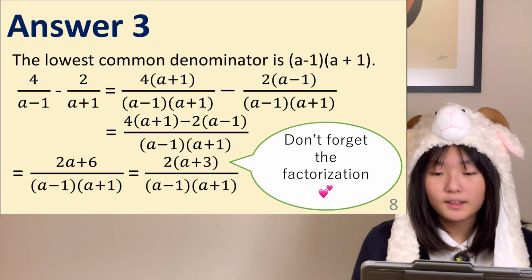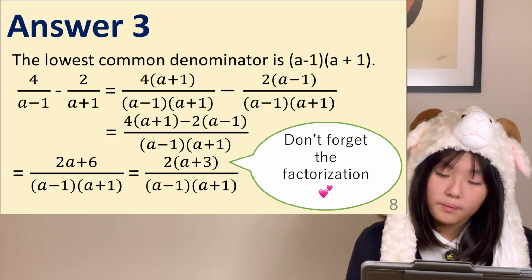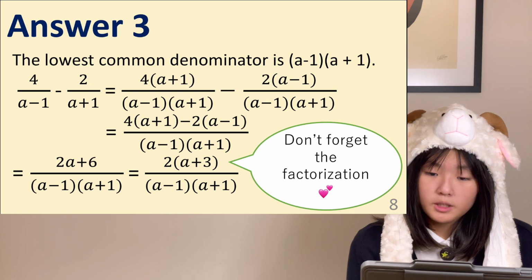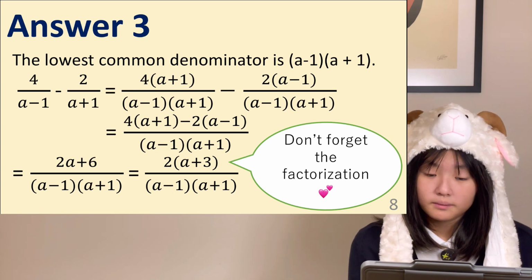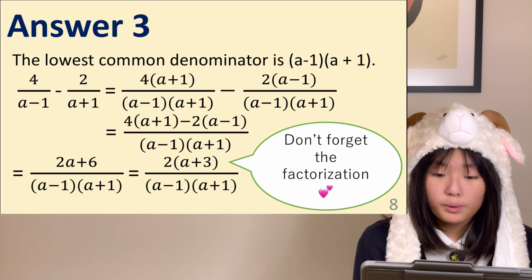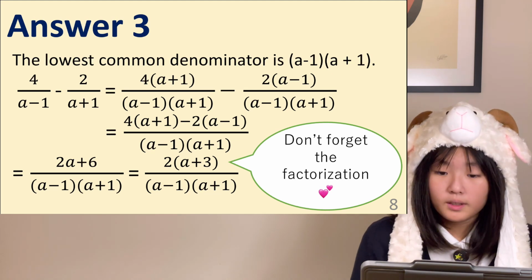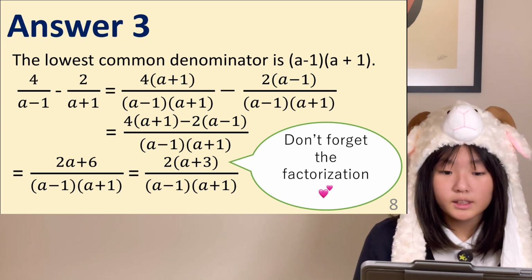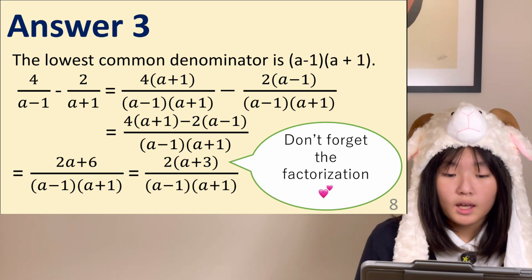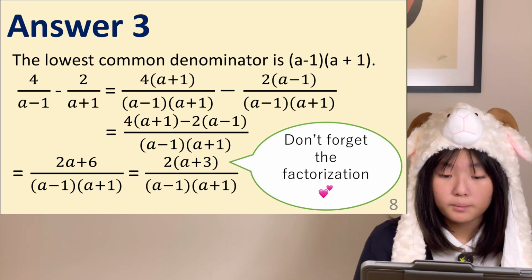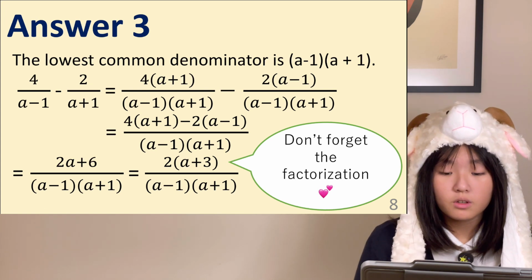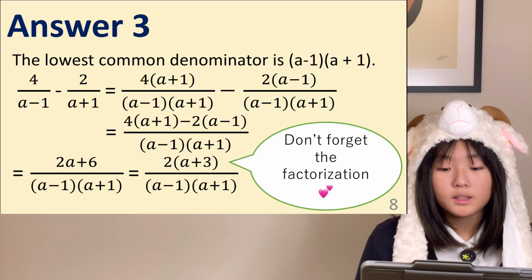And that's one fraction, and the fraction that is taken away from that is 2 times a minus 1 over brackets a minus 1 multiplied by brackets a plus 1, which equals 4 brackets a plus 1 minus 2 brackets a minus 1 over a minus 1 times a plus 1, which is 2a plus 6 over a minus 1 multiplied by a plus 1, which equals 2 times brackets a plus 3 over brackets a minus 1 times brackets a plus 1.